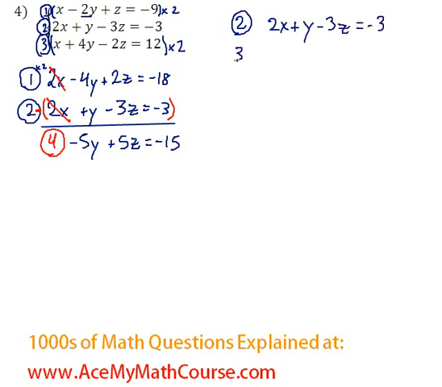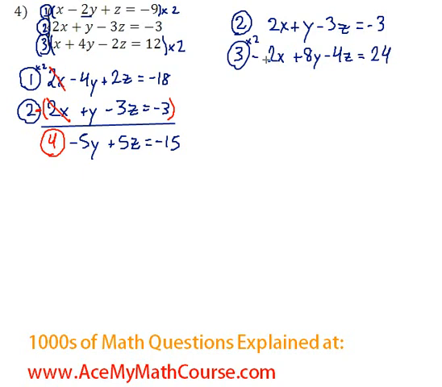And multiplying equation 3 by 2, you get x times 2, 2x, 4y times 2, 8y, negative 2z times 2, negative 4z. That's equal to 24, which is 12 times 2.